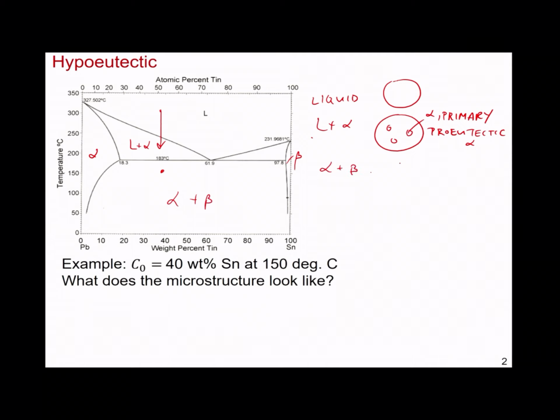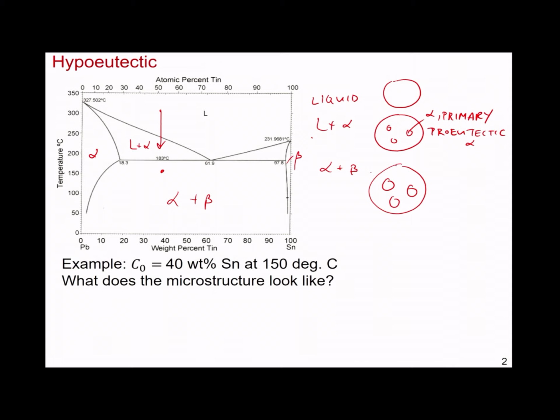You still have your solidified alpha, and in fact, they've grown a little bit, so let's make them a little bit bigger, as you decrease in temperature. And then the rest, after 183 degrees Celsius, everything becomes solid, and you have alpha and beta.